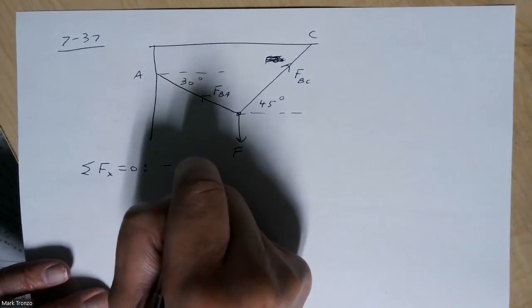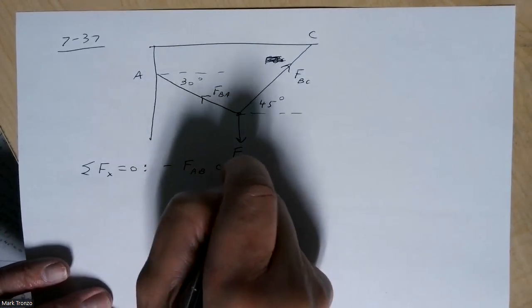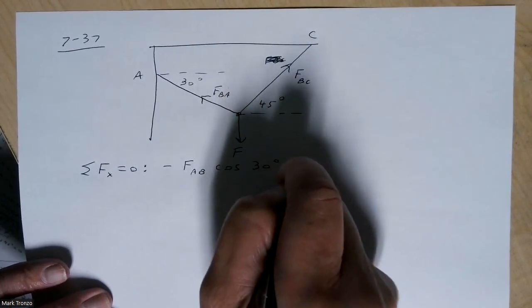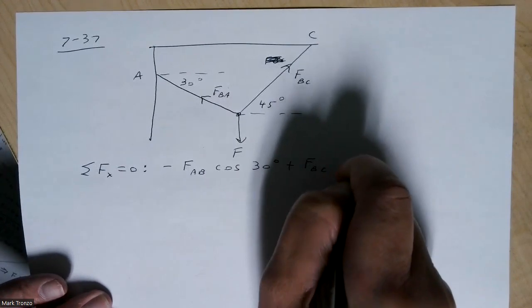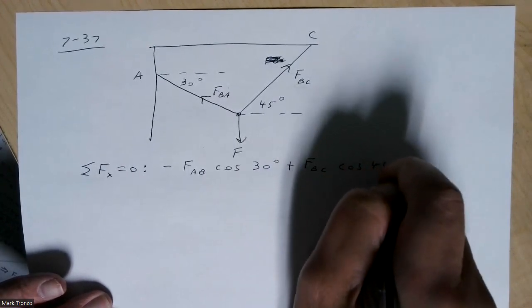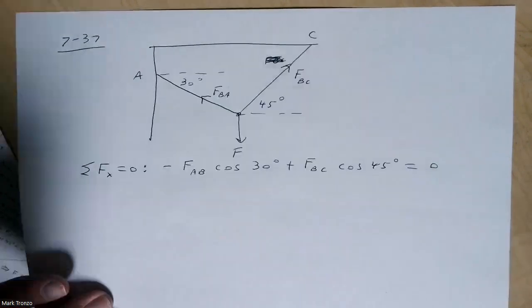And that's going to give us FAB cos 30 plus FBC cos 45. Set that equal to 0.